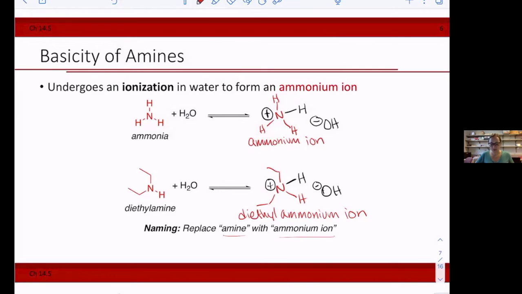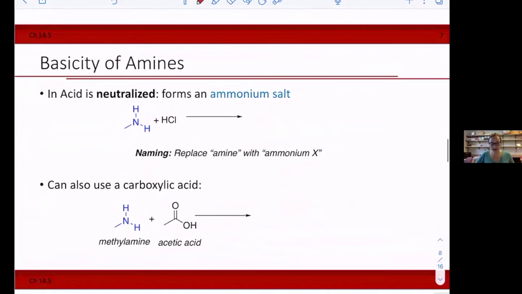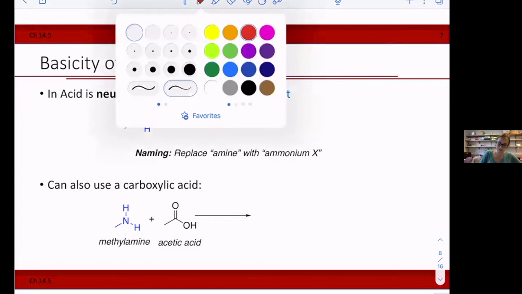But what happens if the amine is with an acid? So instead of making an ammonium ion and ionizing in that way and having that equilibrium, now we're going to do a full-blown acid-base reaction or a neutralization. We're going to neutralize the basicity of your amine by adding an acid. So if I take my amine and add HCl, which is a strong acid, I'm going to make an ammonium salt out of that.